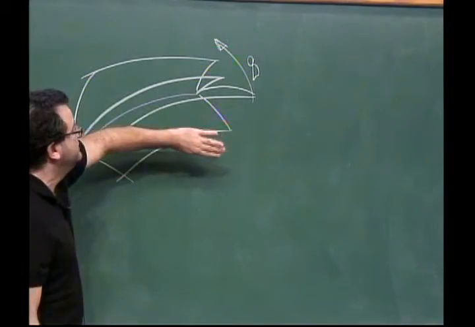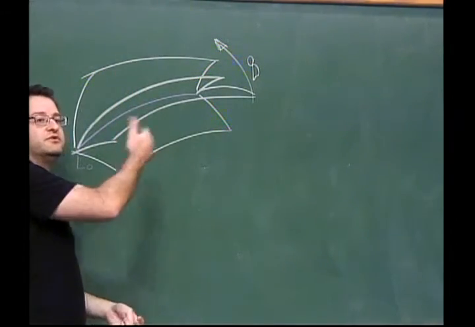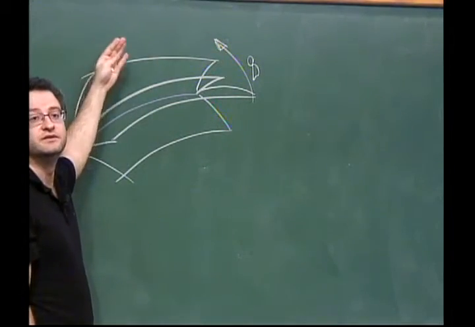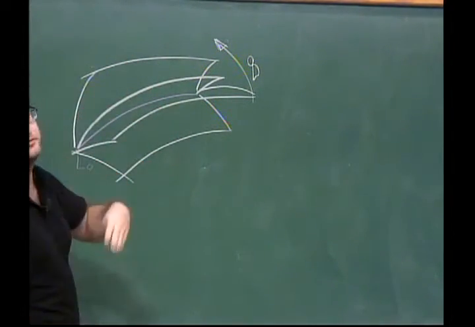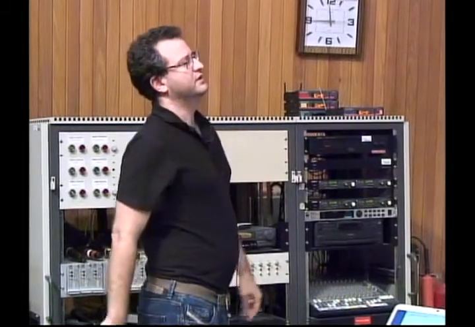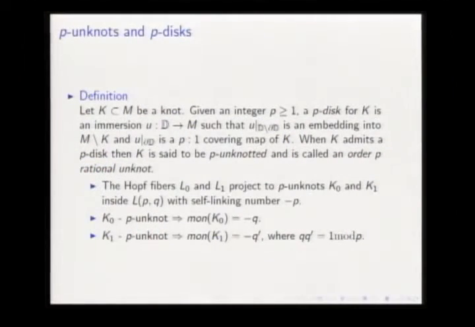So this number Q in this example is what we call the monodromy of the knot. So in this example, the monodromy is Q. So we have this P-unknotted knot with a monodromy Q. There are some orientations, that's why that sign is minus. But the picture is that.